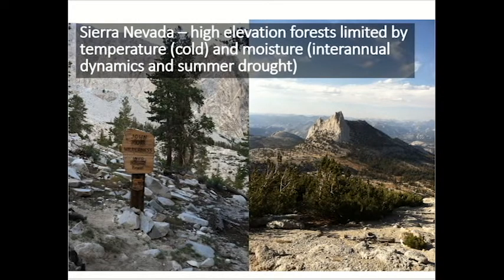These trees tend to get most of their moisture from melted snowpack. So they have periods of the year where there's plenty of water, and then other periods of the year where they are very water limited. But it's still warm enough and moist enough in the higher elevations of the Sierra Nevada such that the dominant vegetation still is forest.